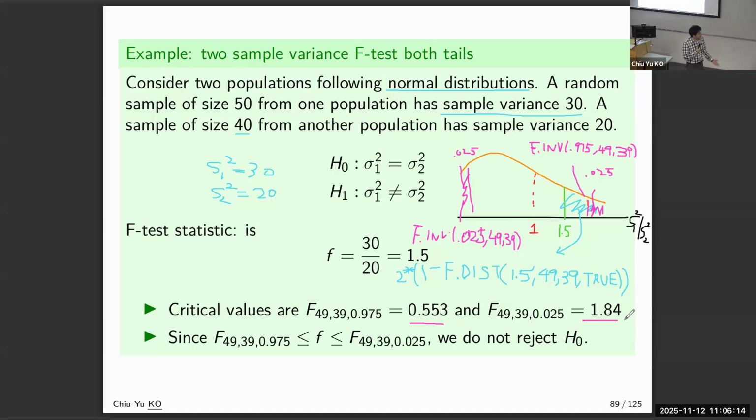So 1.5 is not in the extreme region, because the rejection region is less than 0.5 or greater than 1.8. Your data is 1.5, so it's not within the rejection region. That means you can't say they have different variances. If you're in the stock market, you would say that although historically these two stocks have different variances, one is 30 and one is 20, you would not say one is more risky than the other.